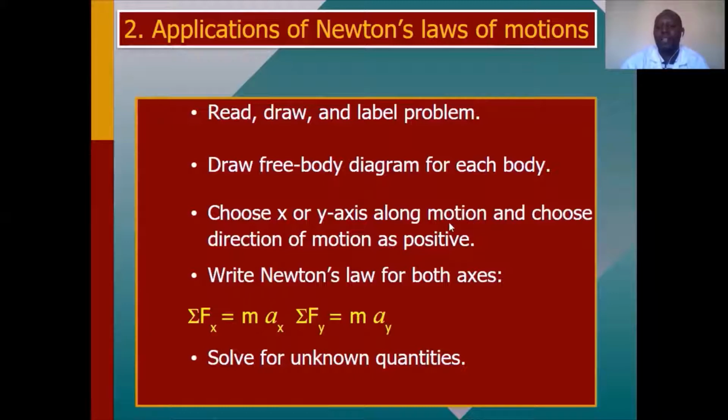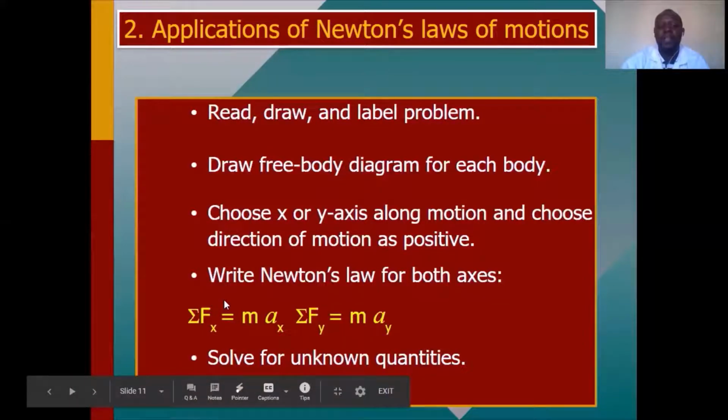It means that the forces in the direction of motion will be taken as positive, and the forces opposing the direction of motion will be negative. So you have to write Newton's law for both axes. Along the x-axis, the sum of all forces in the x direction is equal to the mass times acceleration in the direction of x.